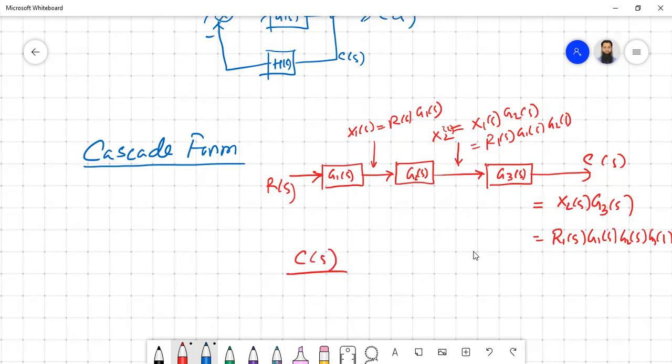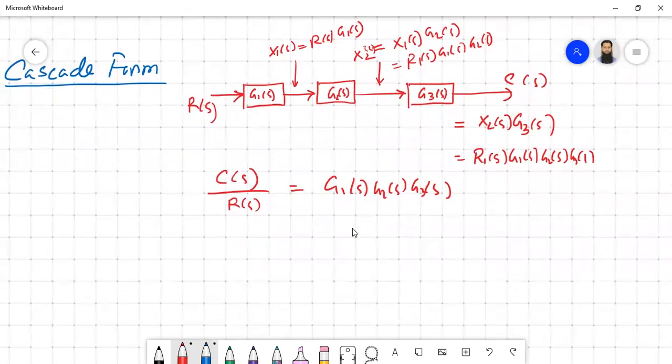So C of S by R of S is G1S, G2S, and G3S. This is also our equivalent model, G equivalent of S. So if multiple blocks are in cascade form, then we can multiply them together to find the equivalent transfer function.